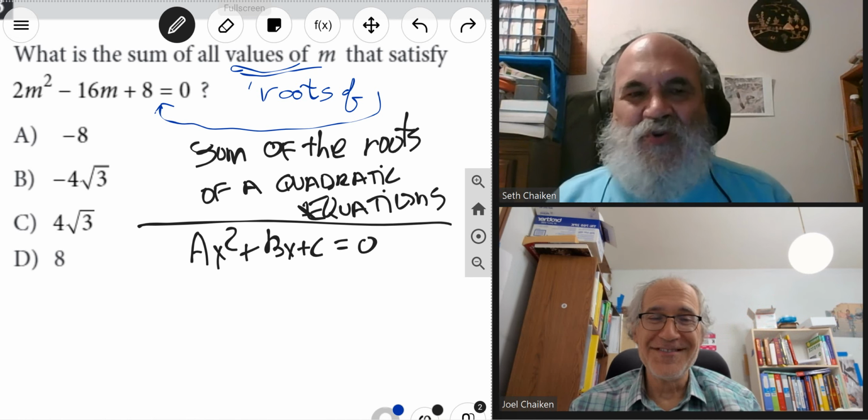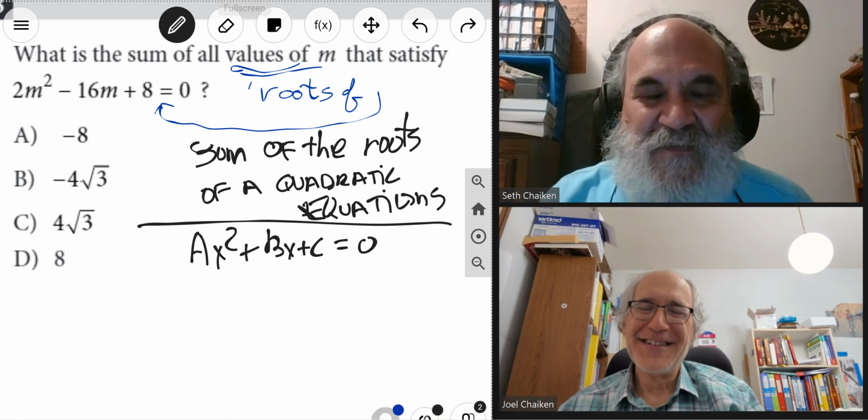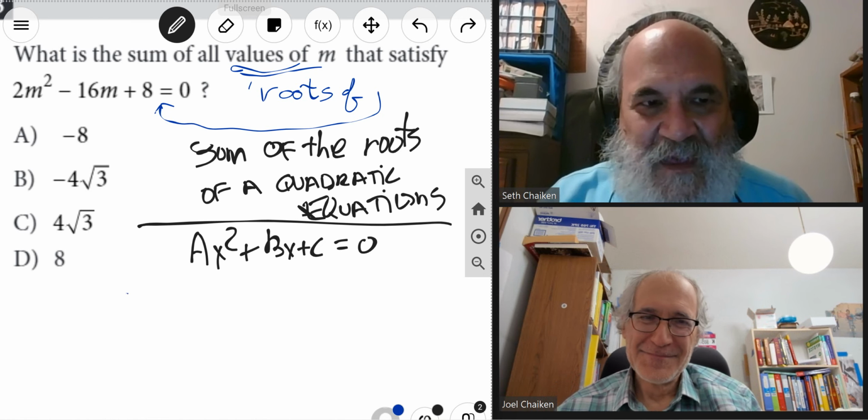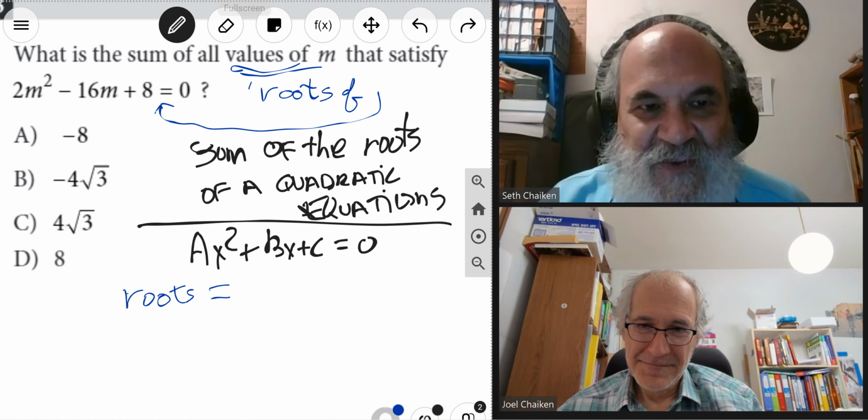No. Suppose you forgot that formula, but you did remember the formula that the roots equal, and there are 2 of them.